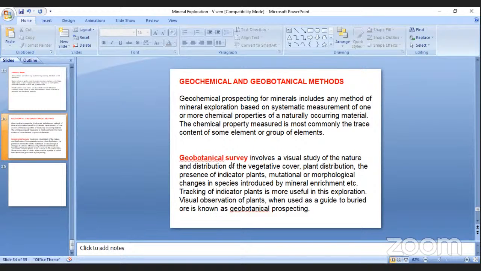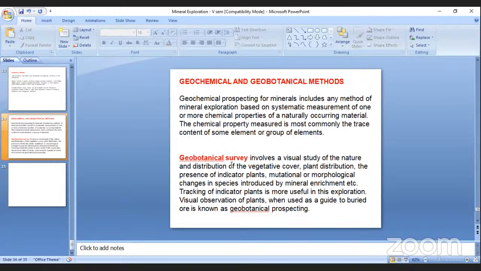The indicator plants are very useful for the identification of mineral deposits, and this leads to mineral exploration. The visual observation of the plants is also very important for identifying the mineral deposits.